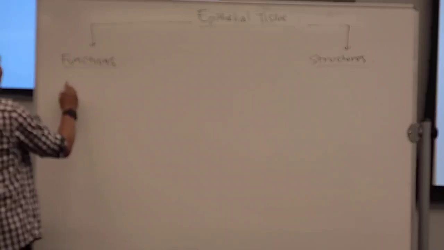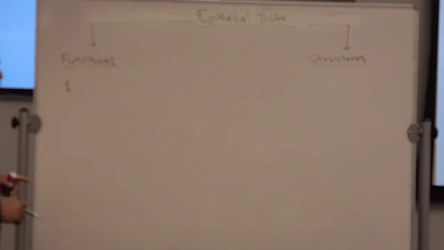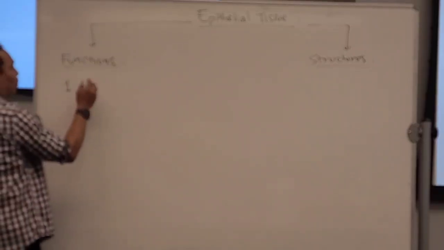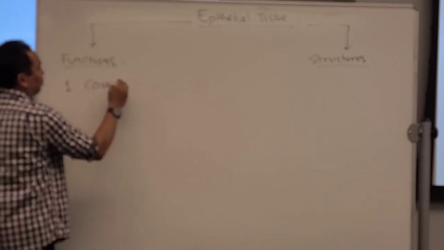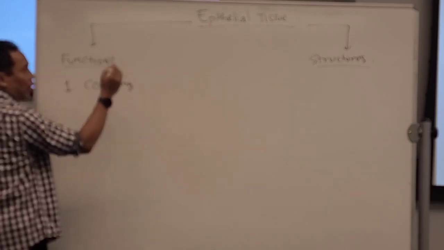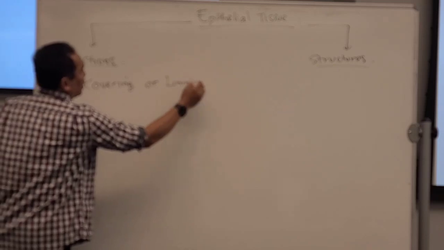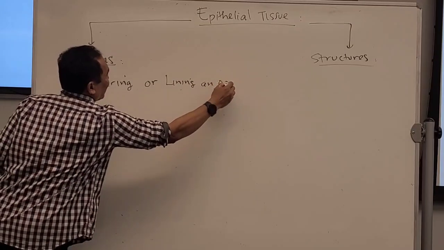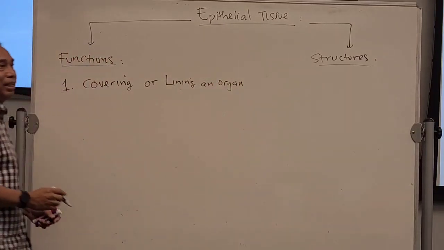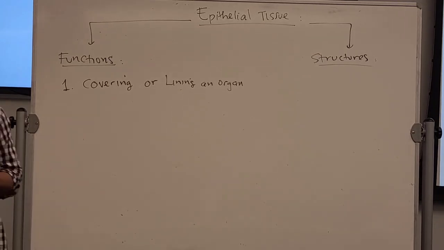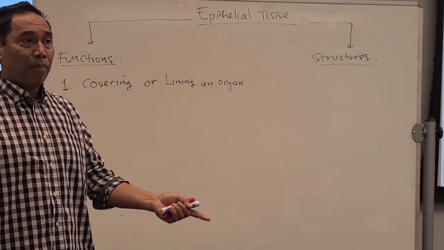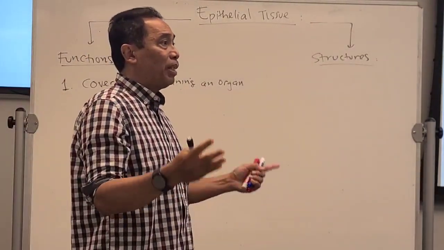First, the function of epithelial tissue is for covering or lining an organ. Basically every organ will be covered by the epithelial tissue.